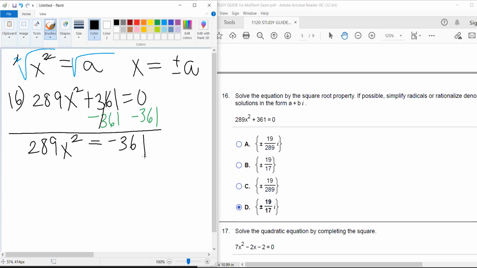Before we use the square root property, let's divide both sides by 289 to get the x squared by itself. Now, to solve for x, we just take the square root of both sides.